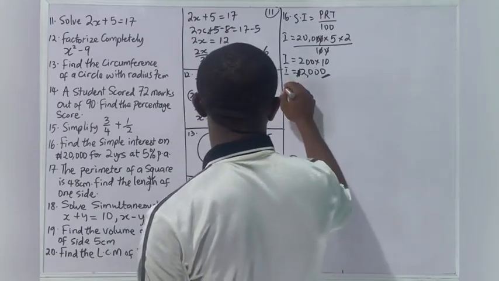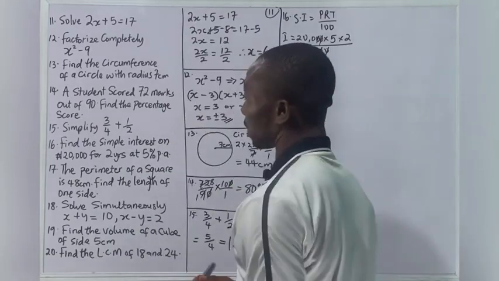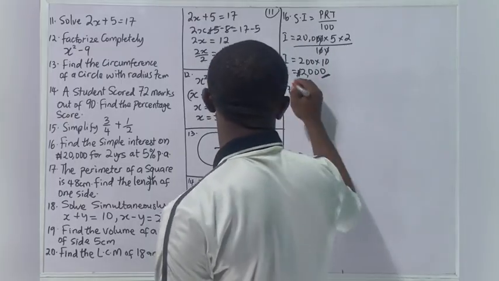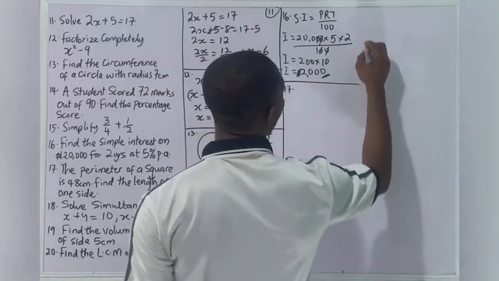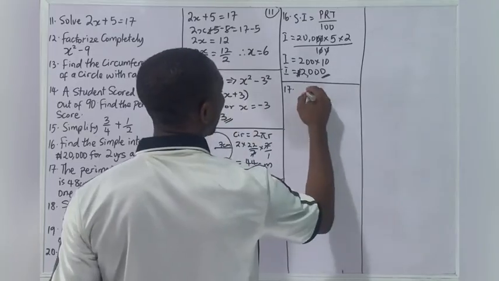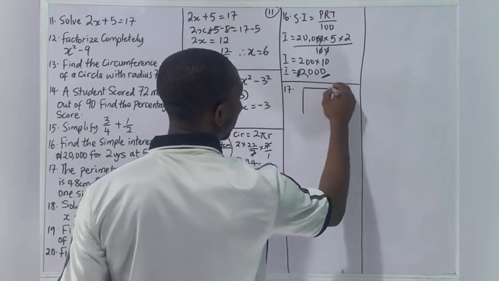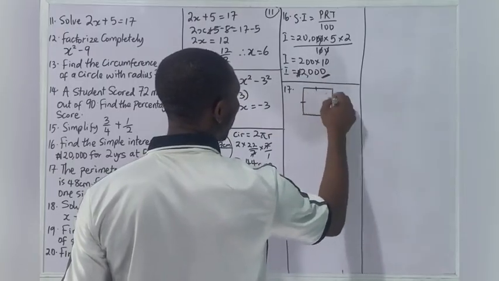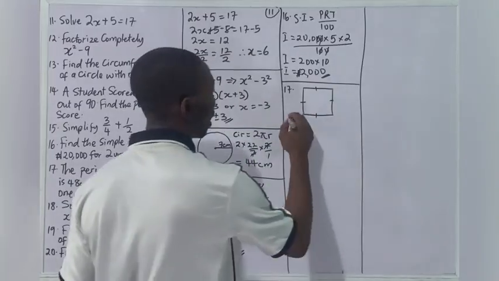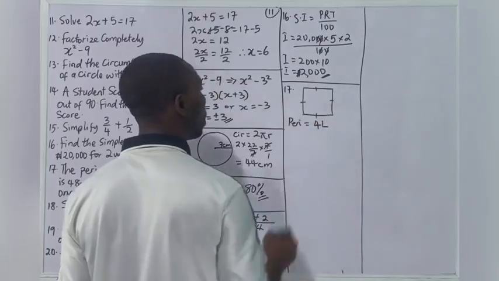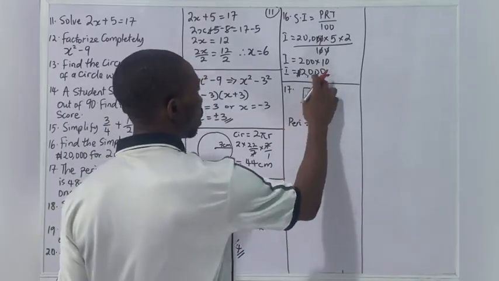Okay, question 17, we have it as the perimeter of a square is 48 cm. Now, we know that a square is a shape with all its sides being equal. And when we talk about perimeter, we have it as 4L, length plus length plus length plus length.